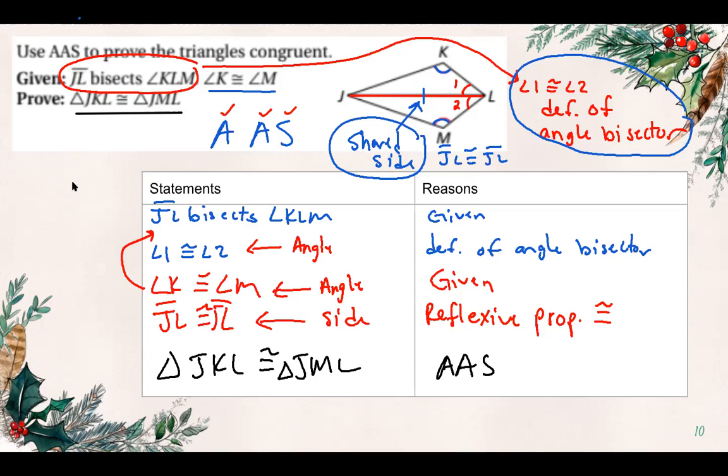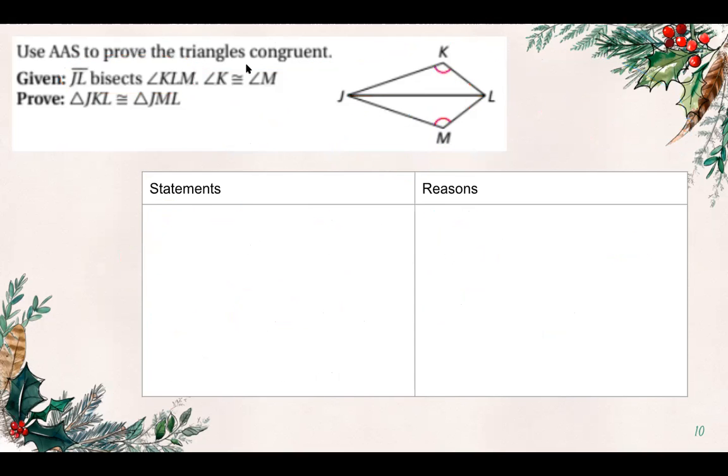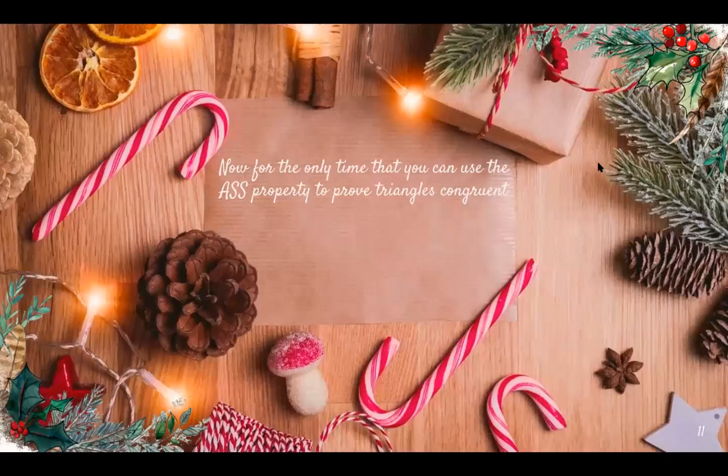All right. We're going to introduce the last thing, but we won't actually get through all of it. So we're going to introduce hypotenuse leg. So now the only time you can use the ASS property is with a right triangle. So I already said this is not a shortcut.